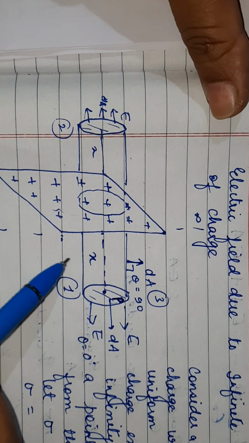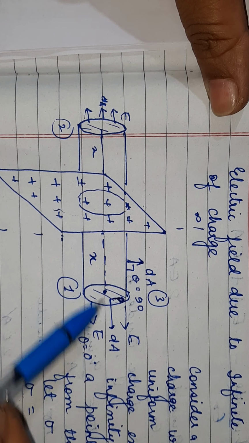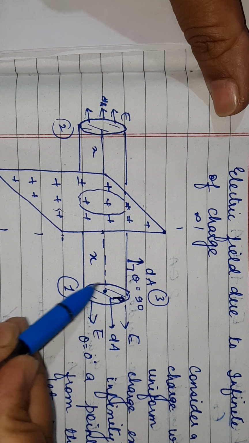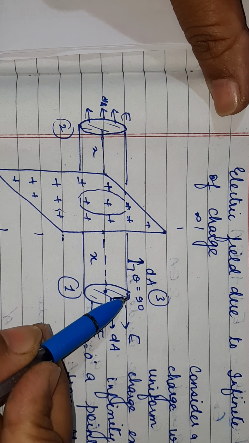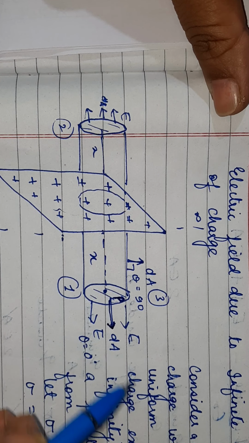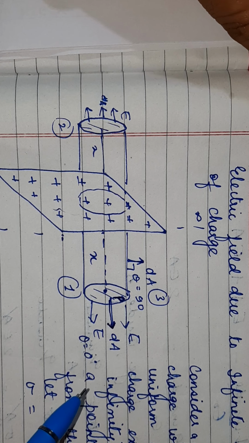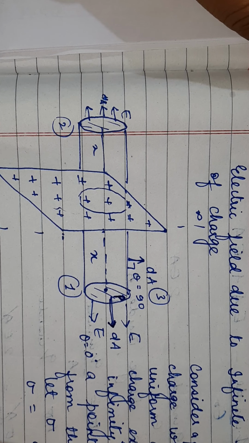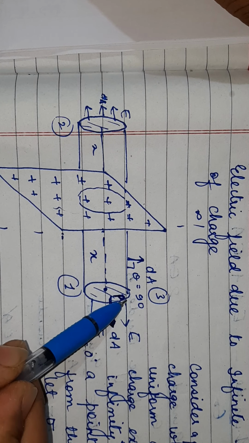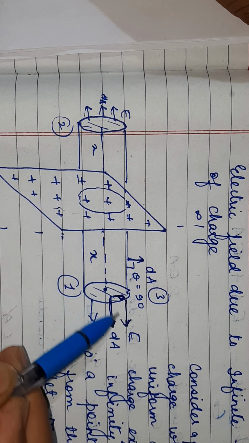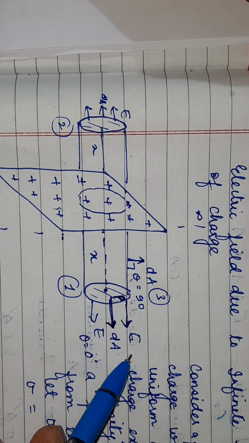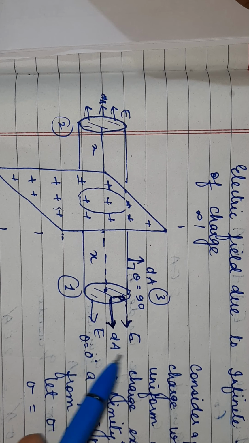In this diagram, this Gaussian surface has three faces. One is this circular face, whose area vector is directed outwards. Whenever we consider any 3D surface, the area vector should be considered outwards. This is the direction of the area vector, and this is the direction of the electric field. Here the angle theta between the electric field and the area vector is 0 degrees.